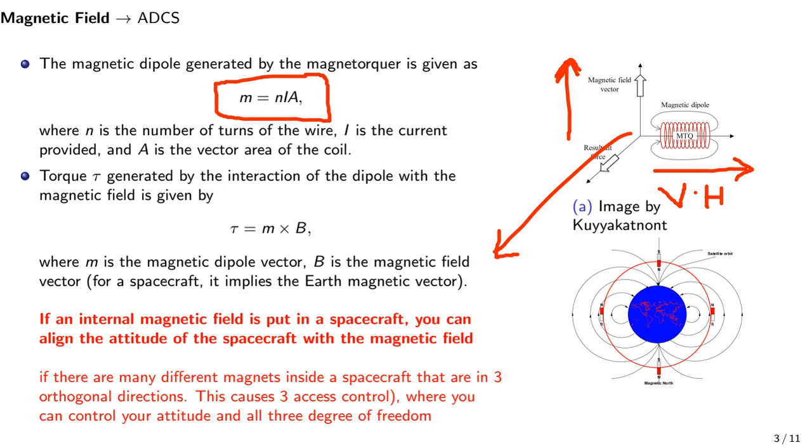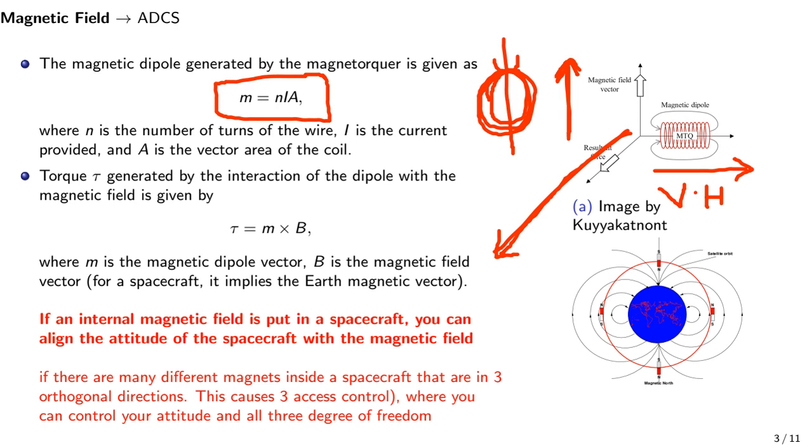It's revolving around the Earth in a certain direction, let's say this direction, and that's how your spacecraft is revolving when you send it into space.